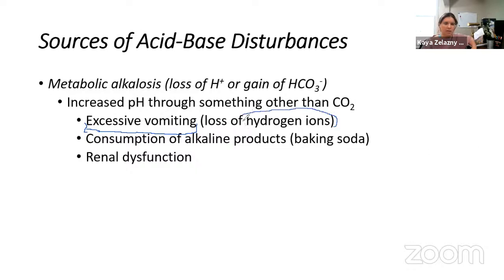So our stomach is highly acidic, right? We'll talk about gastric acids. So excessive vomiting causes the loss of hydrogen ions from the stomach, which overall causes the loss of hydrogen ions everywhere in the plasma as well, as we try to compensate for that. So those are some of the more common causes we'll see of metabolic acidosis and alkalosis.